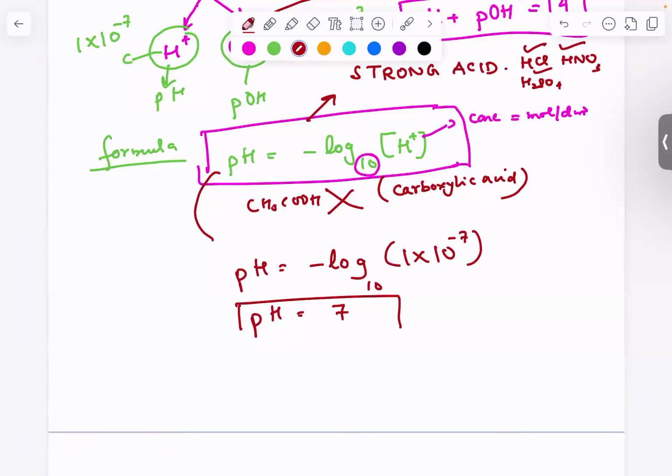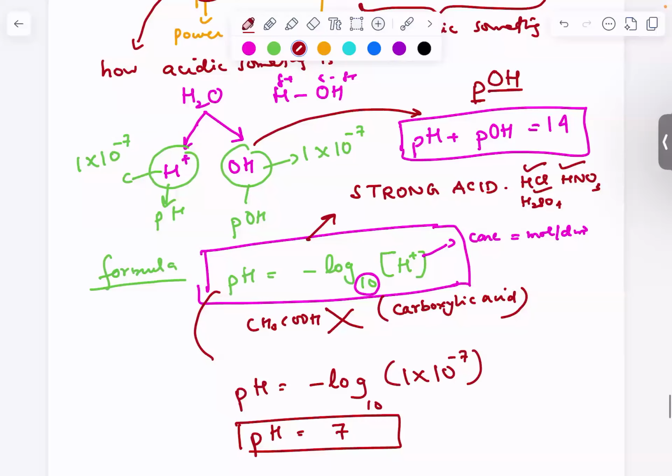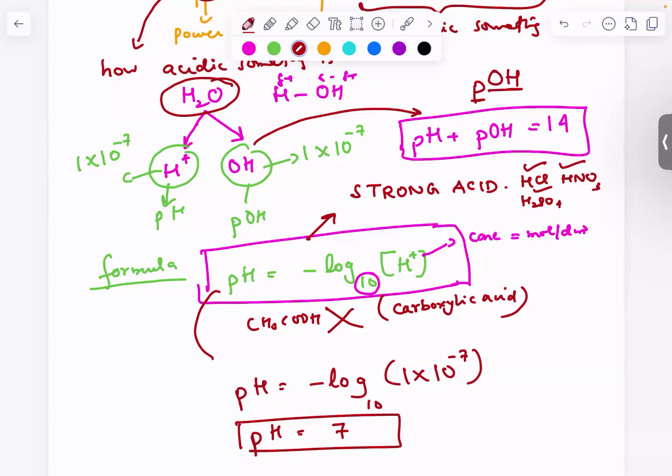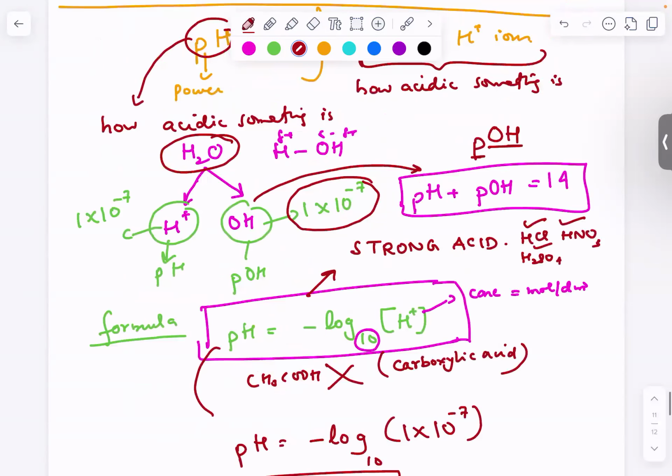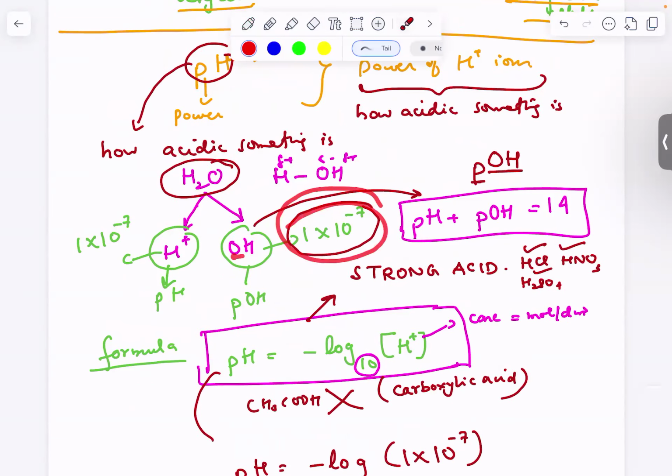Got it? Now, what did I tell you? That in neutral water, the hydroxide ions are also 1 into 10 raised to the power minus 7. So I will apply the other formula. pOH is equal to minus log to the base 10 of the concentration of hydroxide ion. Now put it in it. Minus log to the base 10, and the concentration of hydroxide ion is 1 into 10 raised to the power minus 7.